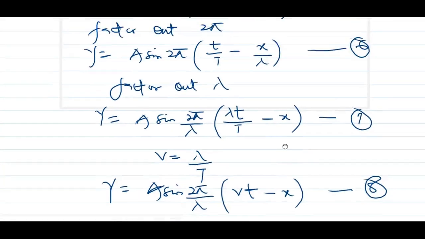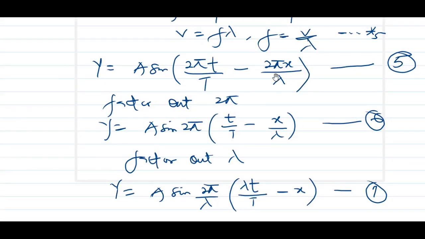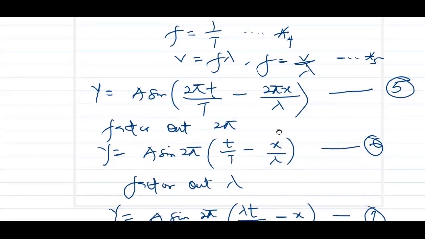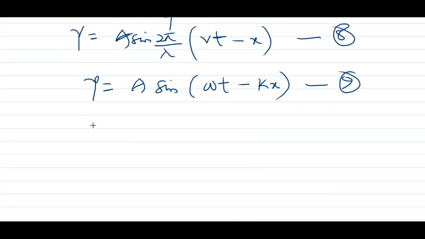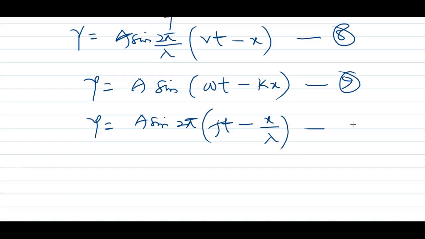Then looking at equation 5, I can decide to factorize this equation, and if I do, I'm going to have y equals a sine 2 pi into ft minus x over lambda. Then I can call this equation 10.